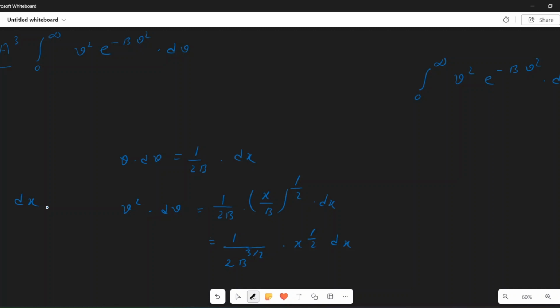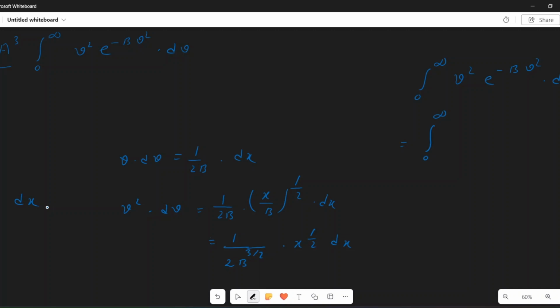Now for v squared, when the value of v is 0, the value of x will also be 0, and when v is infinity, x will also be infinity.